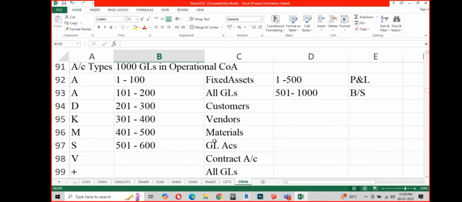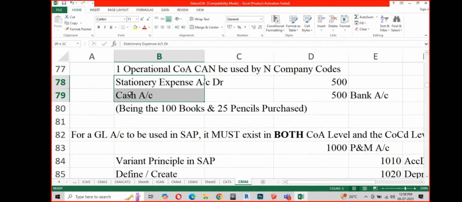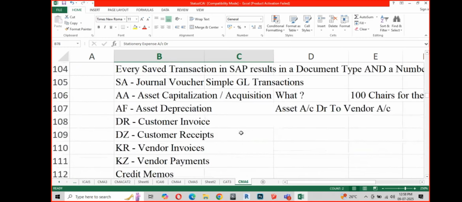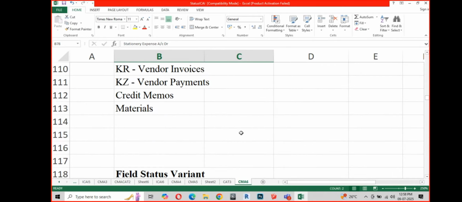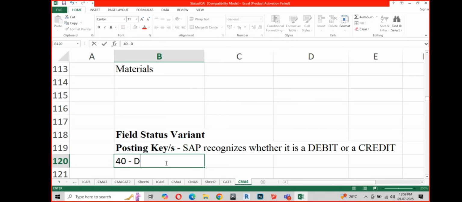Now, how do I tell that your stationery account is a debit and your cash account is a credit? SAP understands that whenever it is a journal voucher, a simple general ledger transaction, 40 is your debit posting key. 50 is your credit posting key.